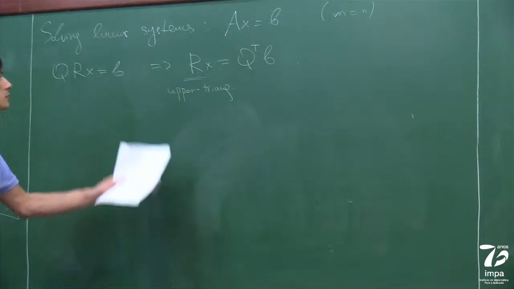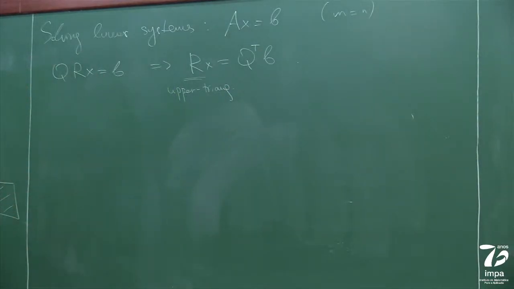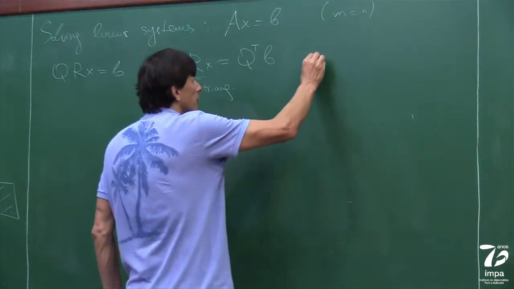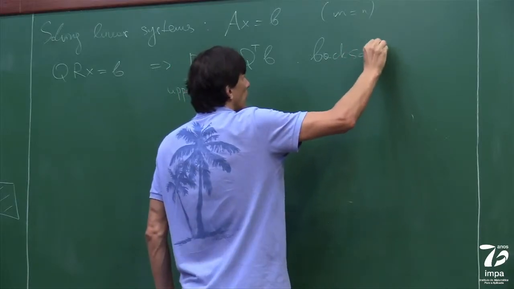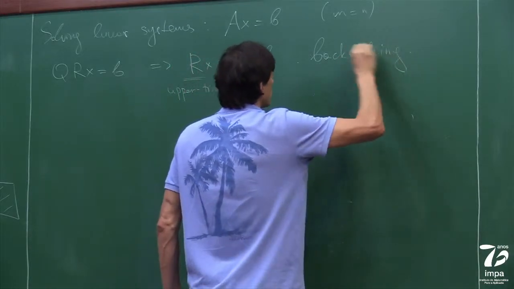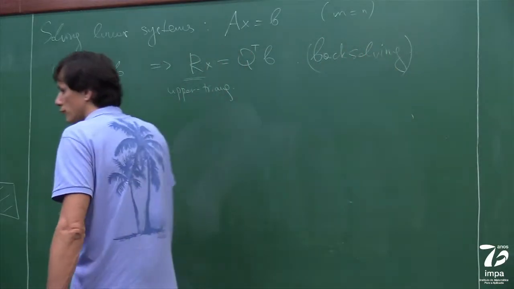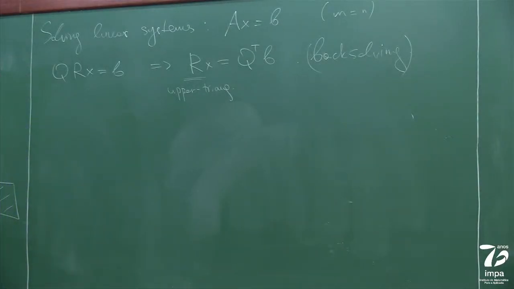So we know that this equation is solved explicitly by the method of back substitution. You solve the first, then the second, then the third, and so on.